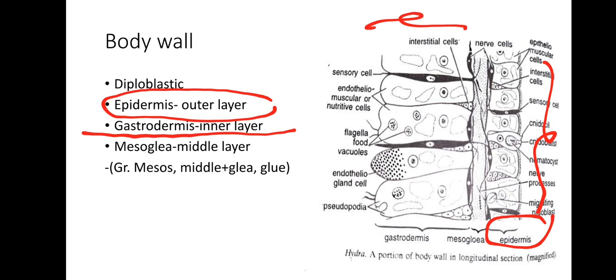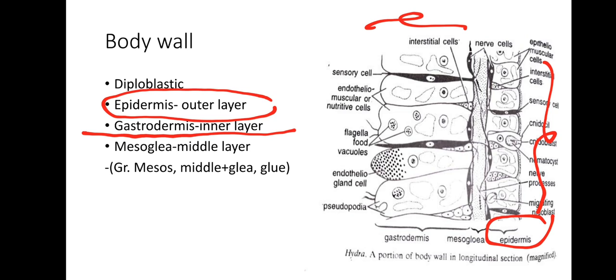So in the case of these coelenterates, the body wall is formed of how many layers of cells? Two layers of cells. The outer layer is called epidermis and the inner layer is called gastrodermis. You won't call it endodermis, you call it gastrodermis. In between the epidermis and the gastrodermis, there is a layer, usually acellular. Generally cells are absent in coelenterata at least.